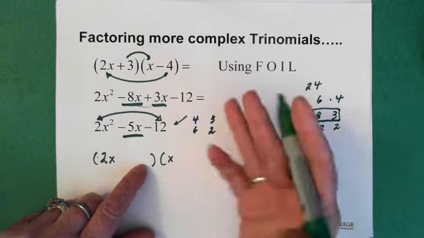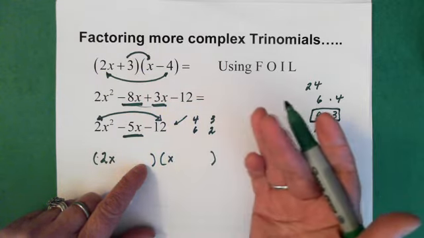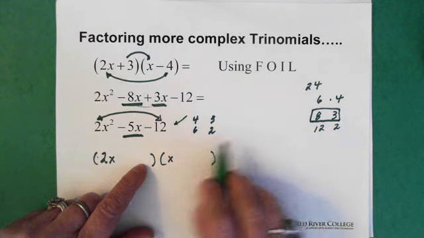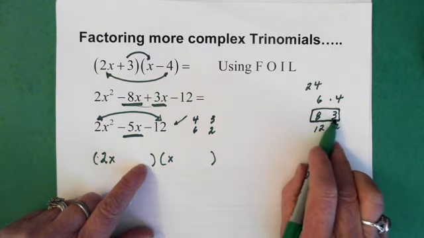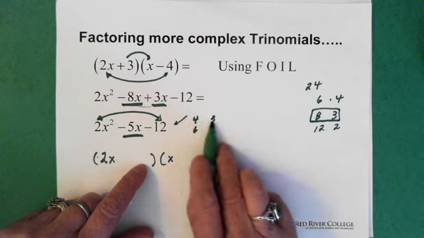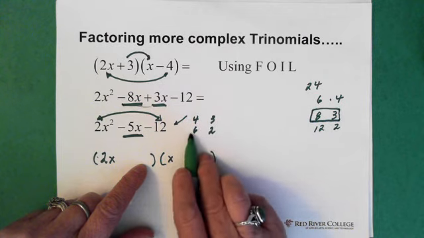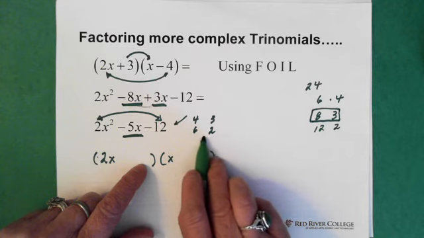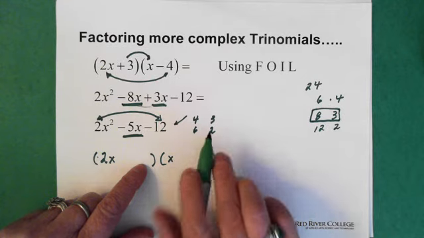And 12 times 1, but I'm not going to use that. I may in some cases, but I'm really paying attention to the fact that I need a 3 here. And I'm noticing this one, the 4 and the 3. I'm not going to use the others because I don't have a 3 in those possibilities for 12.